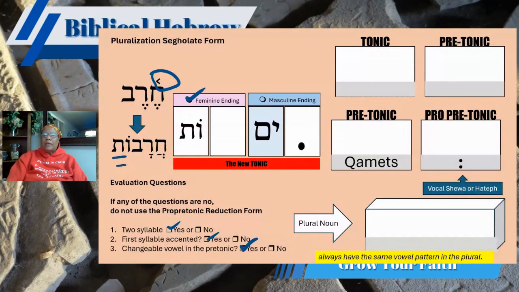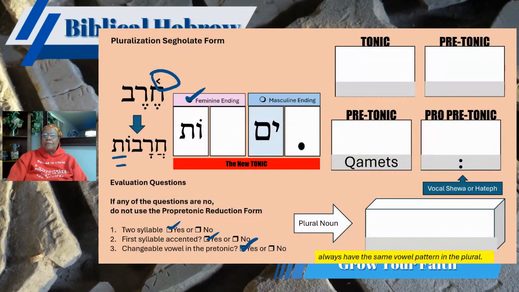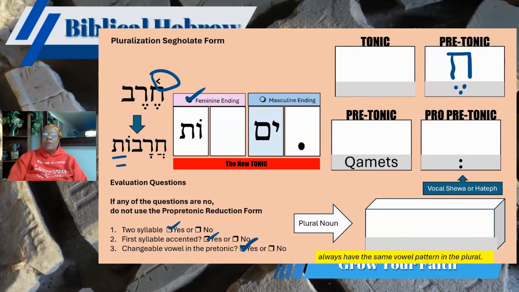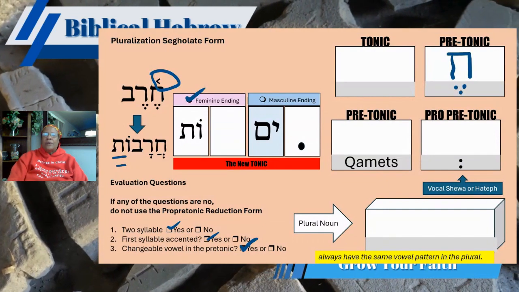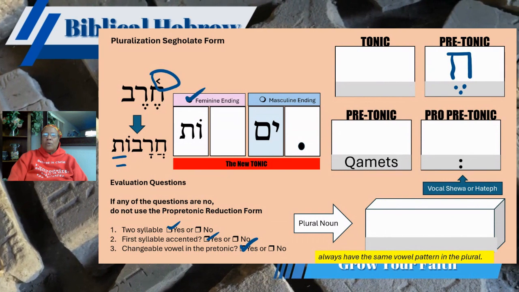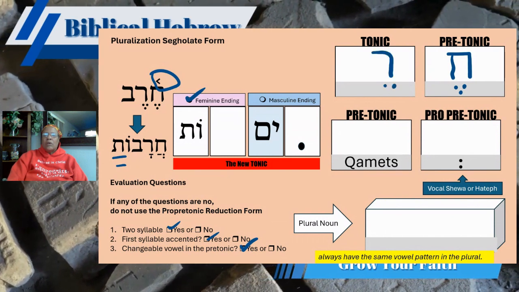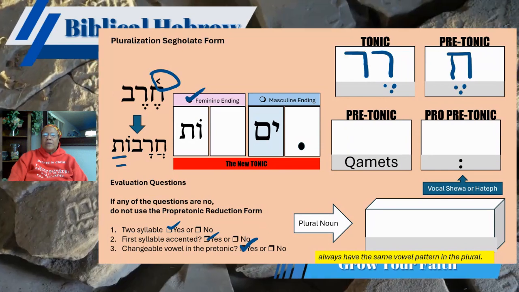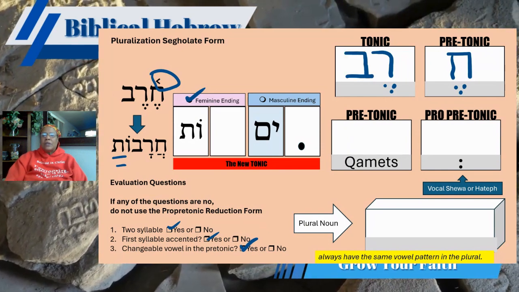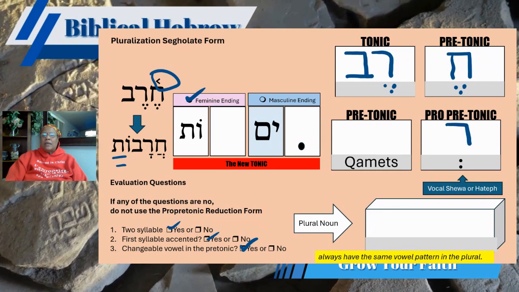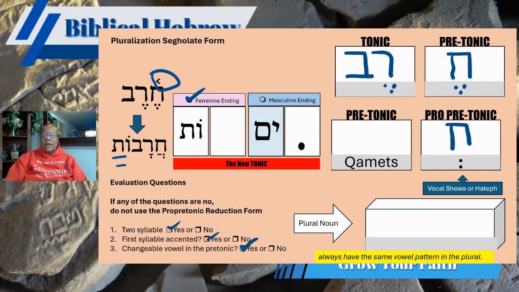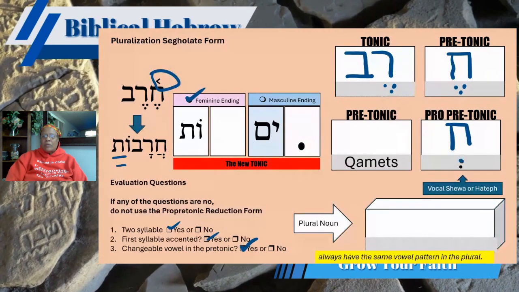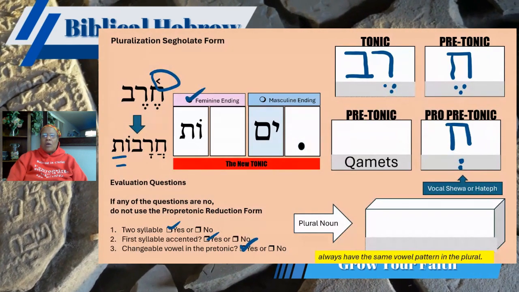So we have the chet with its segol. We have resh, a guttural, with its segol, and the final letter is a vet because it does not have a dagesh. We pull down the chet and put the segol here. I've already written it out for you, but that's where it would go.